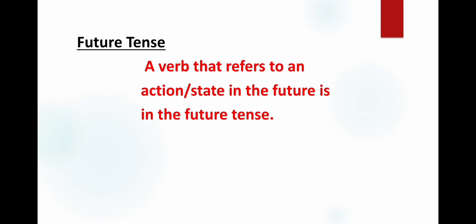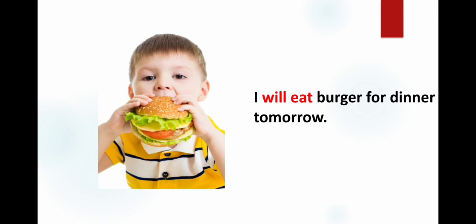It will be more clear with the help of the given example. I will eat burger for dinner tomorrow. So tomorrow is telling us something that will happen later, not now. So tomorrow is future. So this sentence, I will eat burger for dinner tomorrow. Will eat is the verb that is changing here.